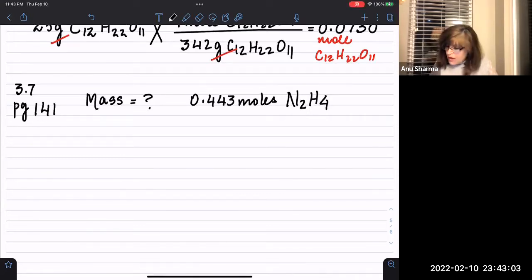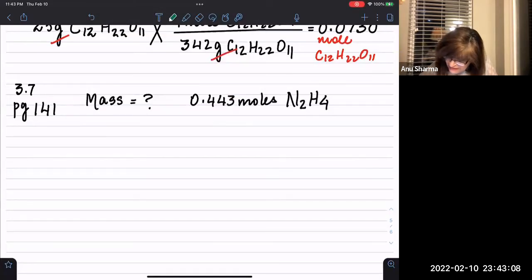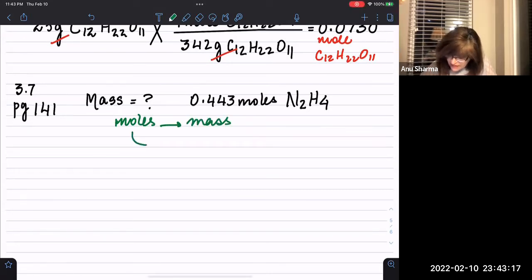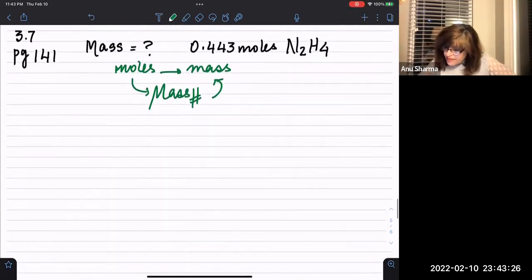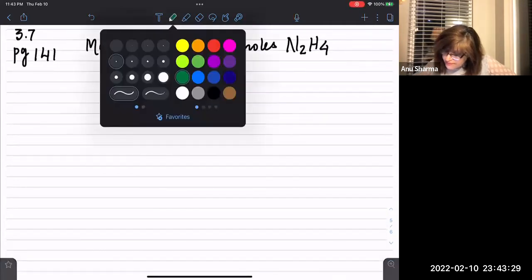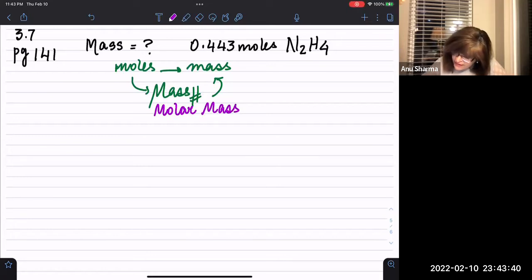You're given the moles and you're trying to find the mass. So this is again a moles to mass conversion, and anytime that happens, you would need the molar mass. Let's get the molar mass first.